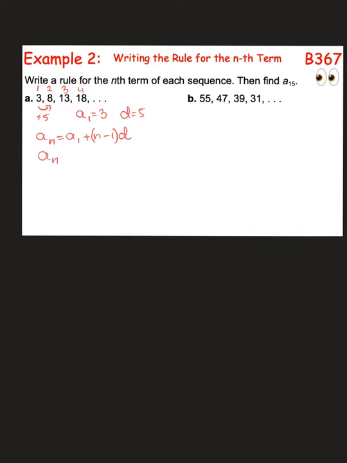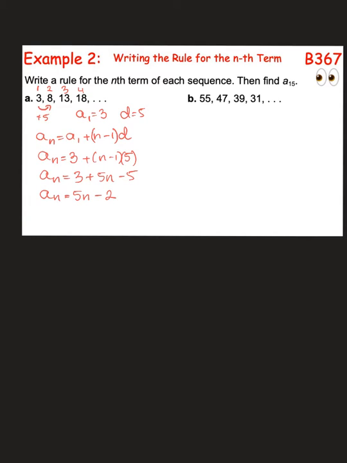Therefore, a sub n is going to be 3 plus n minus 1 times 5. Now I am going to distribute 5, so a sub n is 3 plus 5n minus 5. And in the simplified form, I will have a sub n equals 5n minus 2.